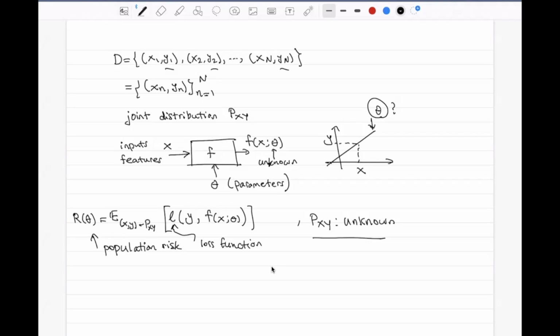So therefore, we have to approximate this. And that's a very simple idea that we know from statistics. If we have a population mean, and we don't know what that is, we can approximate it using the sample mean, right?